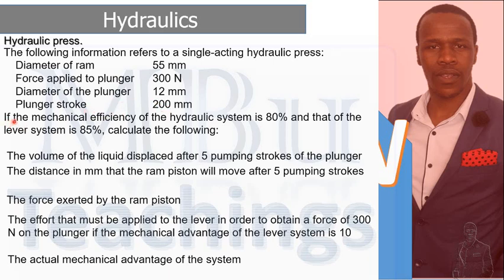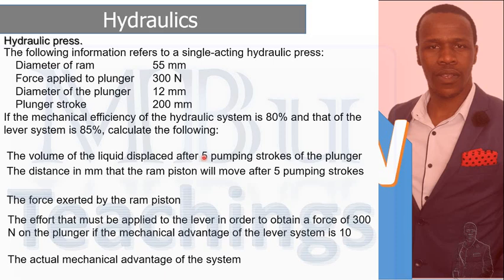They are saying if the mechanical efficiency of the hydraulic system is 80% and that of the lever system is 85%, calculate the volume of the liquid displaced after 5 pumping strokes of the plunger. Now we are given the number of strokes.